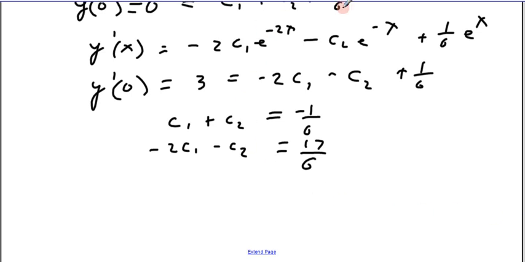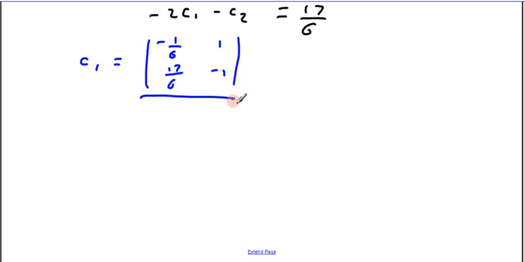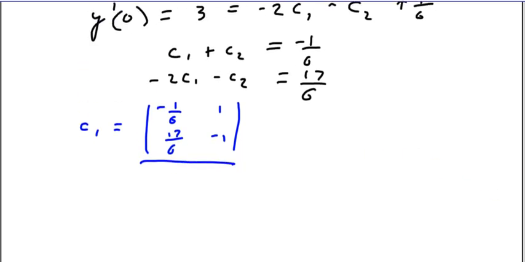I hope. 17 over 6. Alright, well, Cramer's rule, C1 is equal to the determinant with minus 1 over 6, 17 over 6, 1, minus 1, divided by the determinant with 1, minus 2, 1, minus 1.